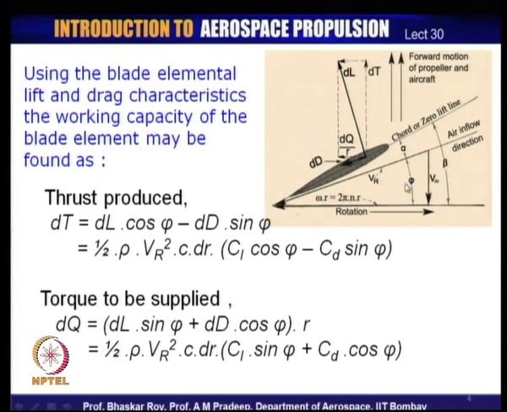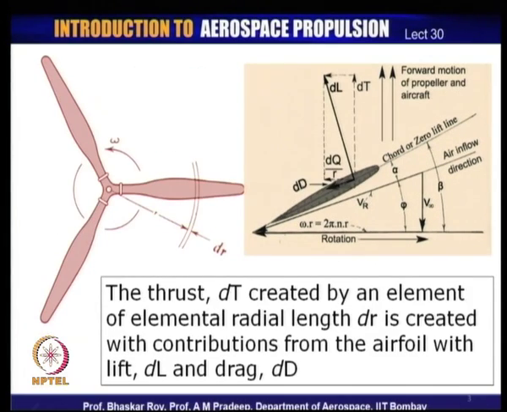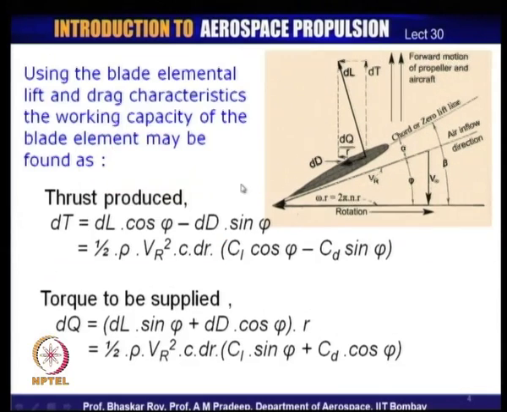Phi is the angle at which the flow is coming into the blade, and c is the chord of the particular blade section. As we have seen in the earlier diagram, the actual value of the chord could vary quite a lot from the root to the tip of the blade. So, chord of the blade would vary from one section to another.